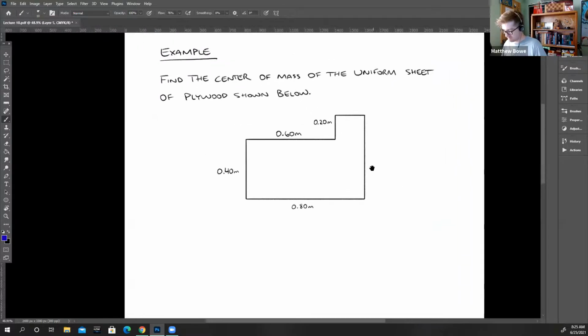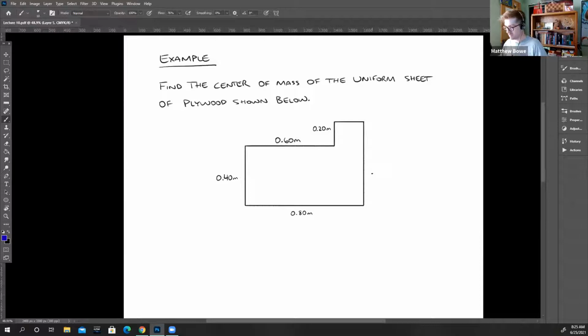So we have this sort of oddly cut piece of plywood, and it's got at least manageable sections for this problem. We want to find the center mass of the entire thing. Where is it going to be? What are the coordinates of the center of mass? What's the x coordinate? What's the y coordinate of the center of mass?